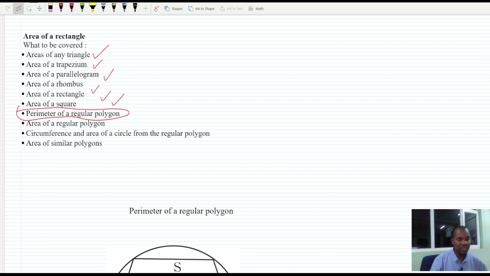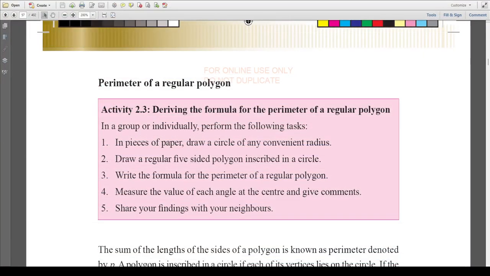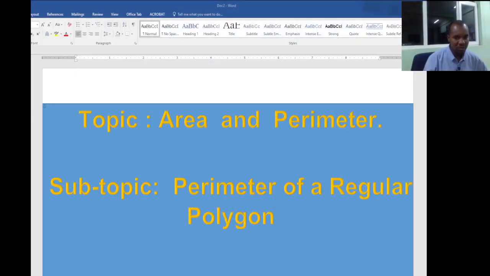With the perimeter of a regular polygon, it's important to note what a regular polygon is. A regular polygon is any polygon whose sides are equal and whose angles are also equal.